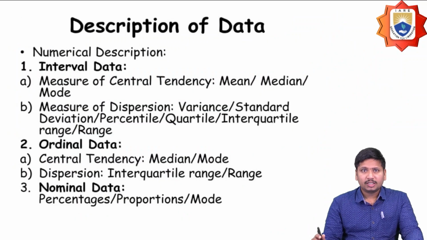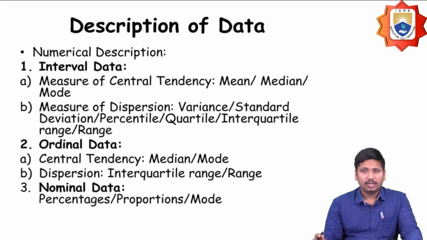When it comes to the description of the data, I just mentioned interval, ordinal and nominal. What measures do we have for each? For interval data, the measures of central tendency are the mean, median, and mode, and the measures of dispersion are variance, standard deviation, percentile, quartile, interquartile range, and range.